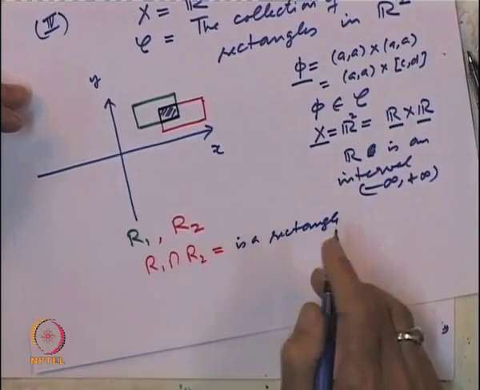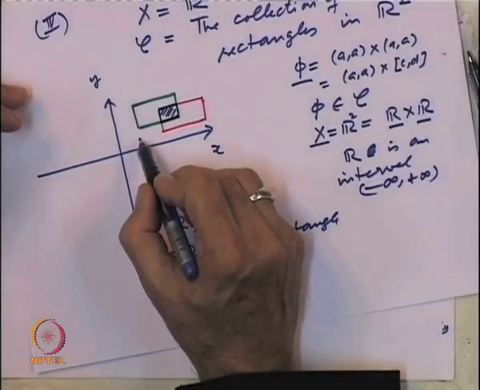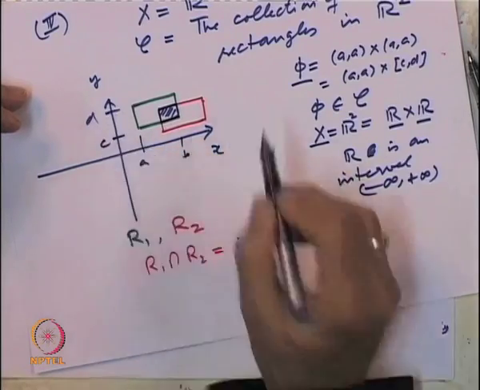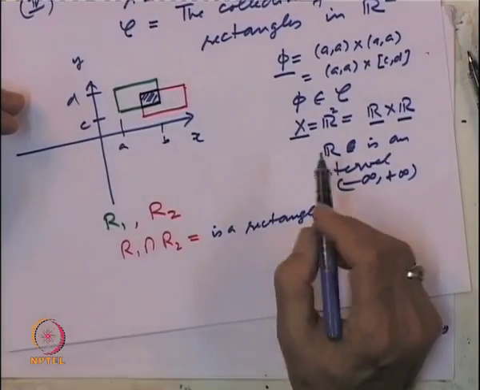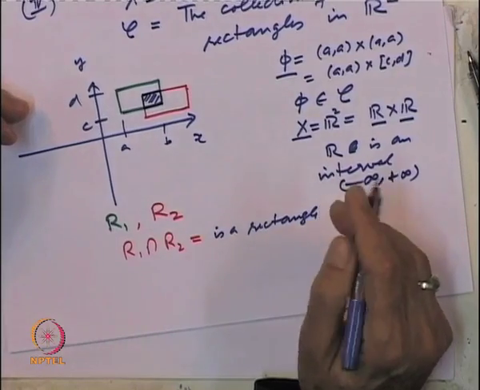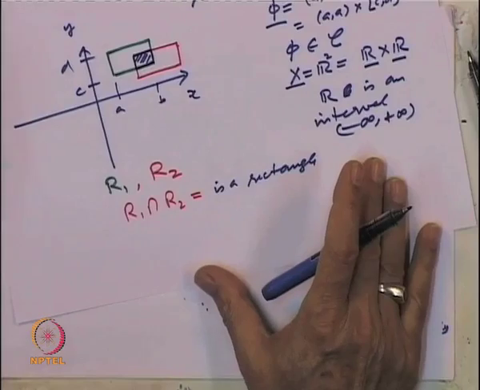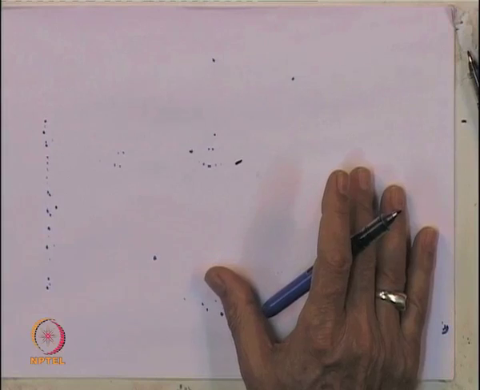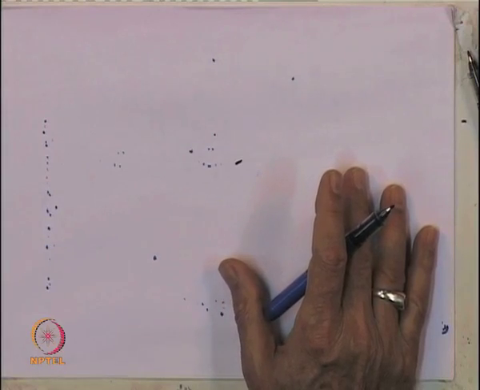One can write down a formal proof by writing this in terms of a, b, c and d and so on, but that is not necessary once we understand from the picture that the intersection of two rectangles is again a rectangle. Of course, let us verify the third property, namely, can I represent the complement of a rectangle as a finite disjoint union of rectangles.